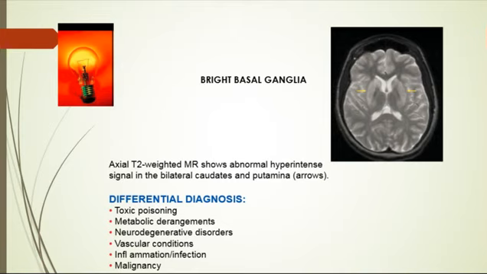Exactly. Wernicke's encephalopathy. Neurodegenerative disorders includes Huntington, dysmyelinating disorder, neurodegeneration with brain iron accumulation, Creutzfeldt-Jakob disease, the mad cow disease, Fahr disease can cause this bright basal ganglia. Vascular abnormalities including venous thrombosis, arterial infarction, inflammatory infectious disorders including viral encephalitis.